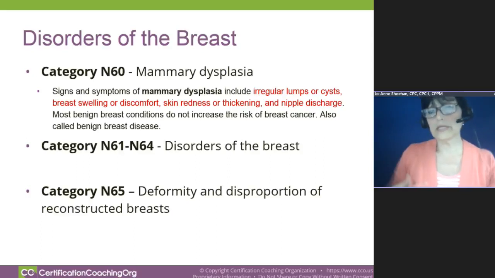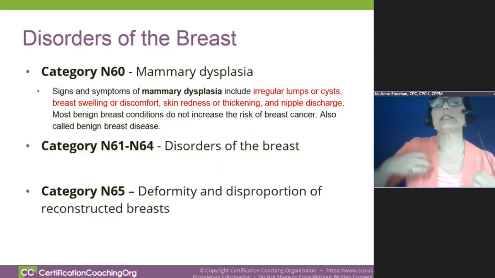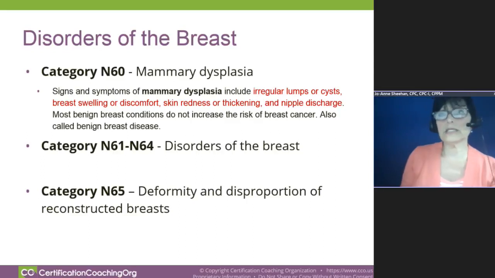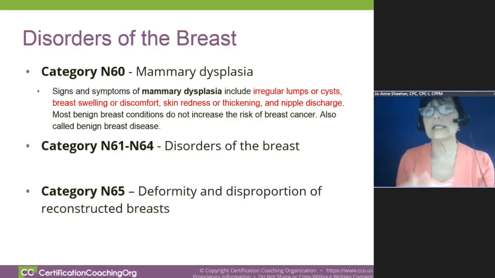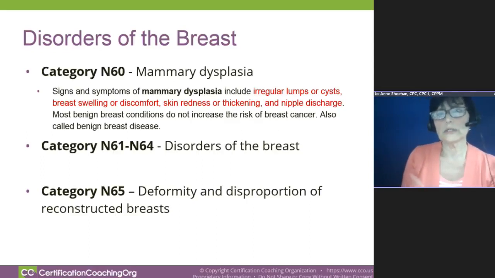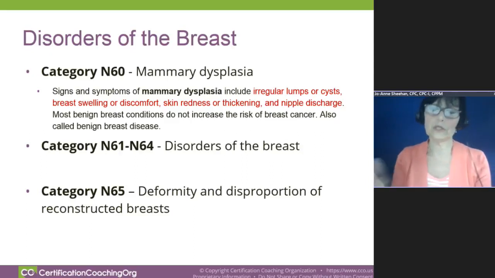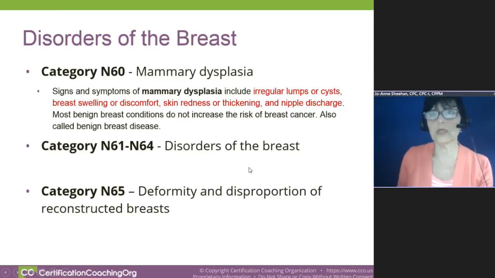And a lot of times as the breast falls, the nipple rises. So they have to be readjusted and so forth. So these are really significant issues. And like I said, some of them would be covered, like, for example, the reconstruction, breast deformity. Unfortunately, having deformity with giving birth, that's not covered. But you will find as you code and bill what is covered and what's not.